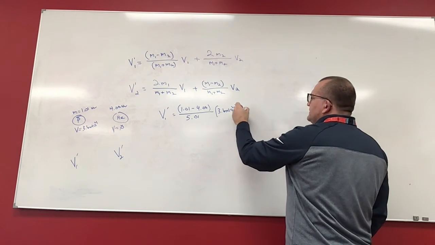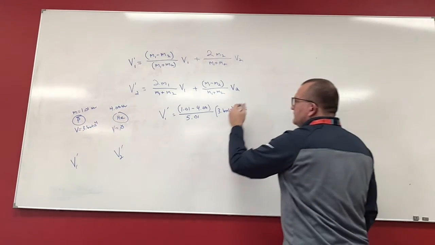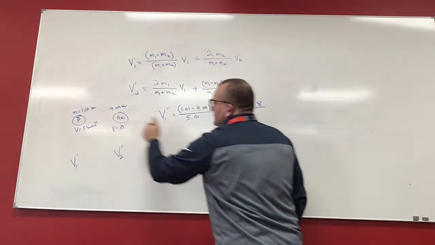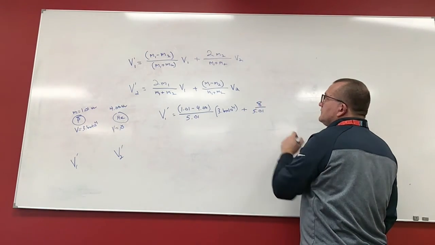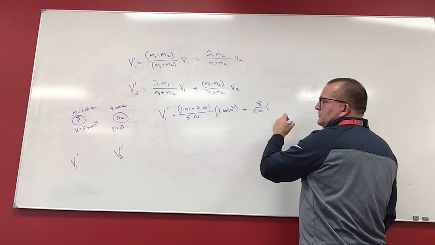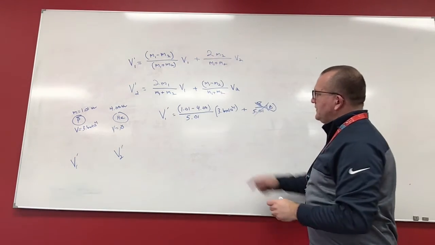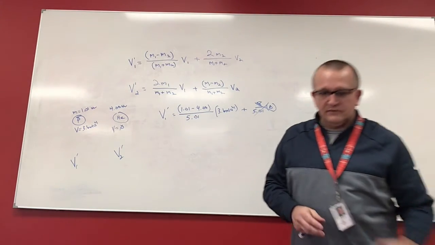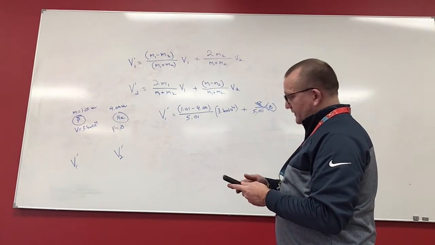And I'm going to add to that 2 times M2, so 2 times 4 is 8, over M1 plus M2, 5.01, times V2, which is 0. So this is already eliminated because it's 0. When I solve for this, that will tell me the final velocity of my proton, hopefully, right?